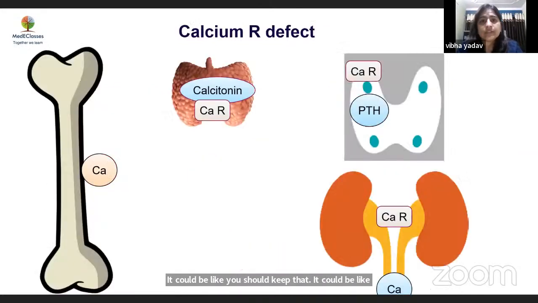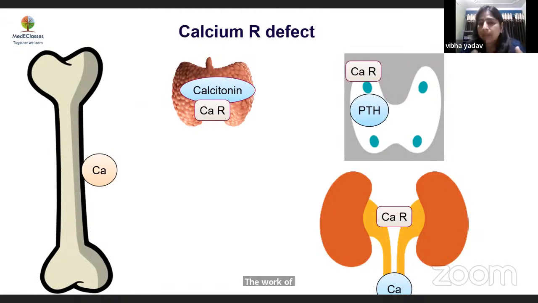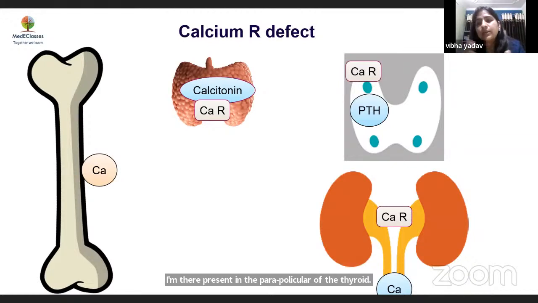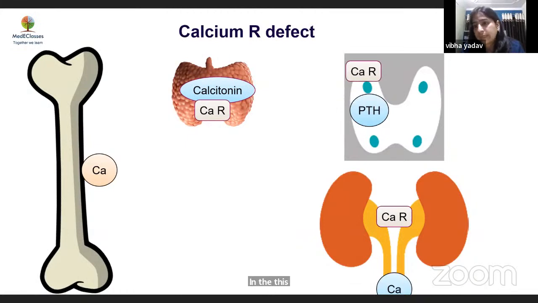Moving on, calcium sensing receptor defect is a very interesting cause of hypocalcemia. The work of the calcium sensing receptor is to regulate the calcium level in the blood, and they are present in the parafollicular C cells of the thyroid, in the parathyroid gland, and also in the proximal tubules of the kidney to absorb calcium.